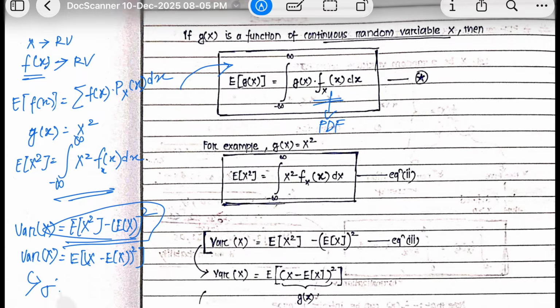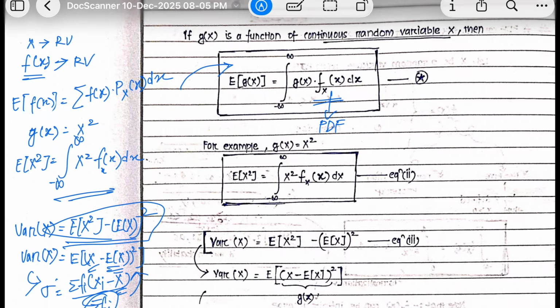So sigma square equals the integration of x minus x bar, where x bar is the mean, and this we have proved.